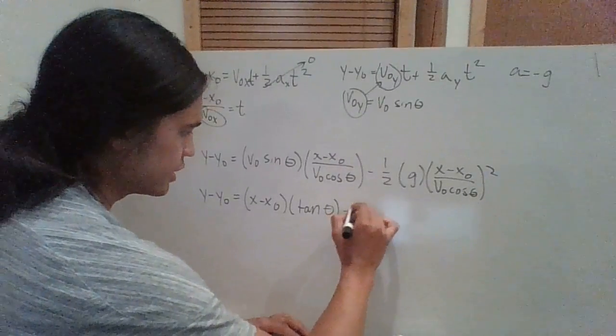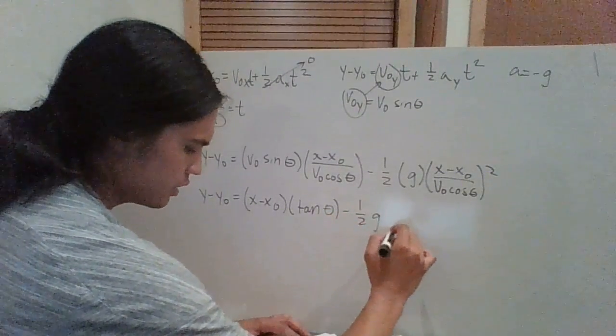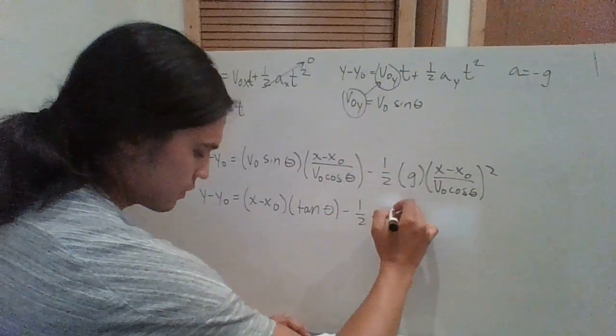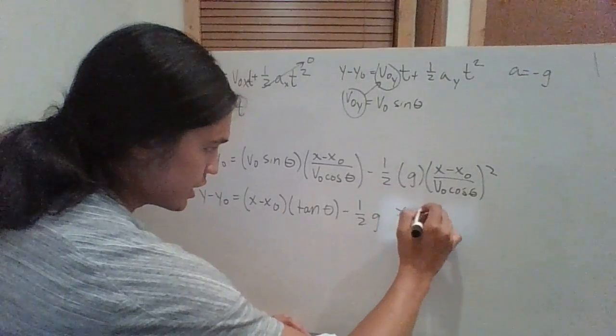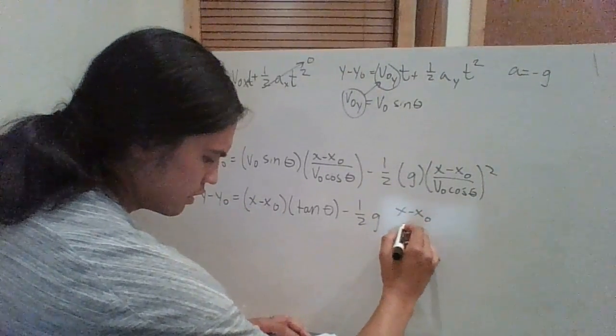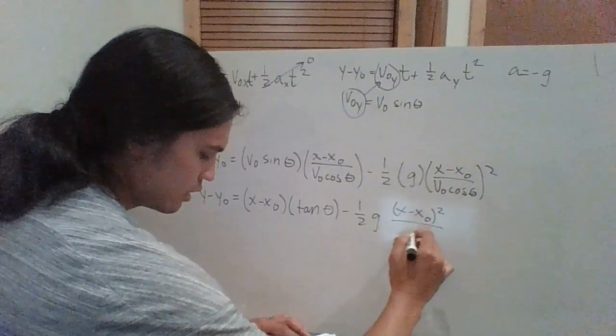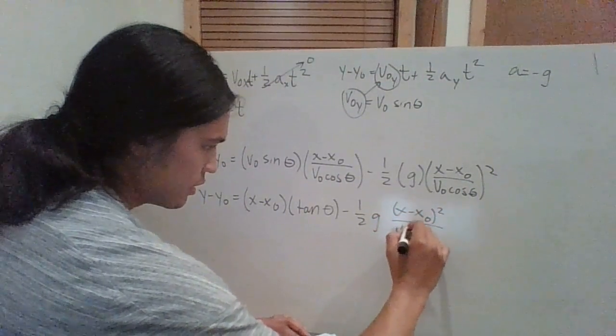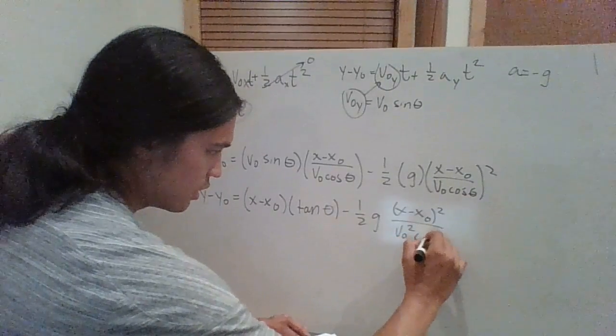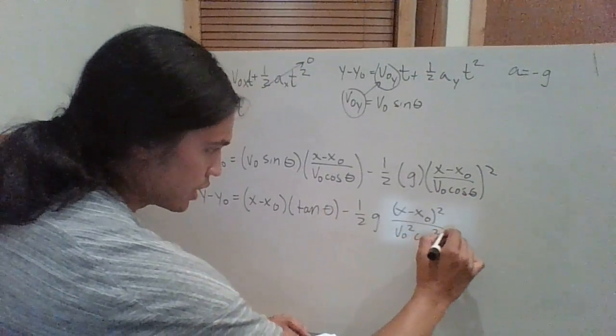Tangent theta minus 1/2 g, and then x minus x naught squared over v naught squared cosine squared theta.